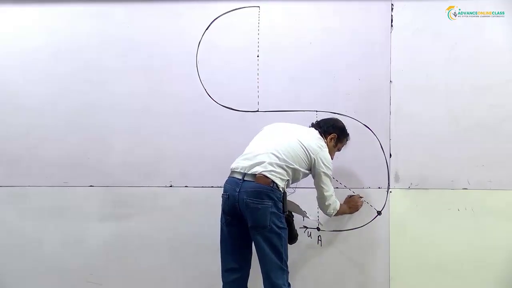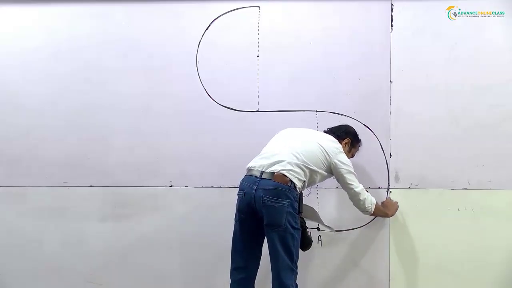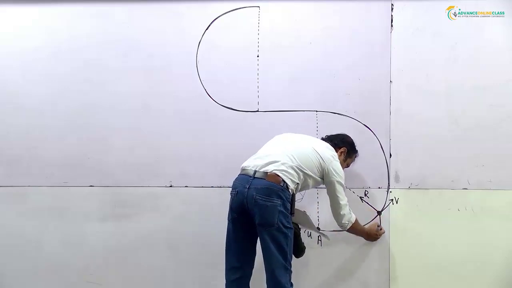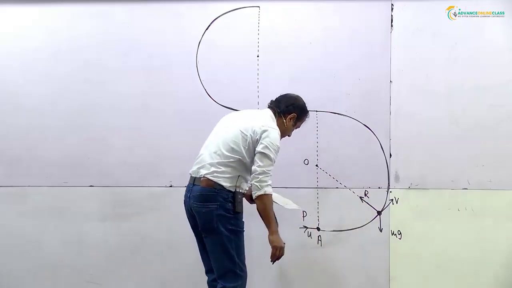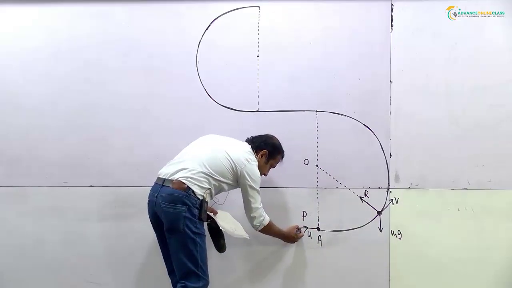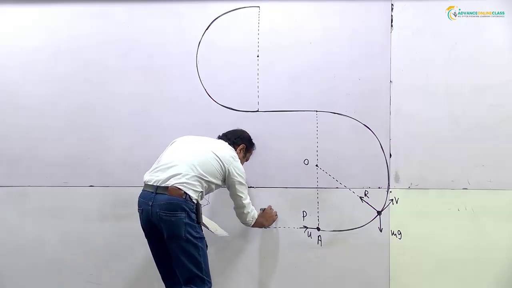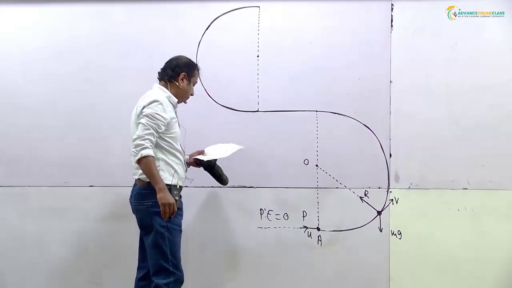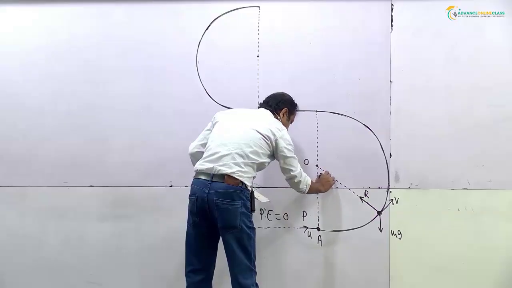Right, normal reaction coming this way, R. Here the velocity V, weight mg. Okay, I take this level through P as the potential energy zero level, with this angle theta.